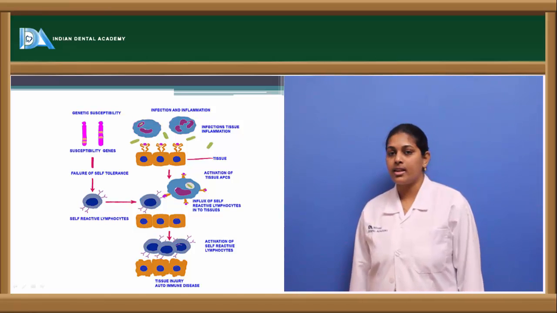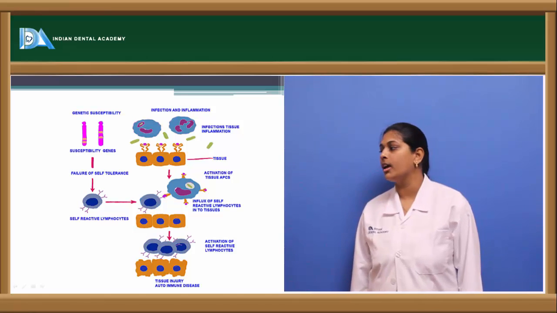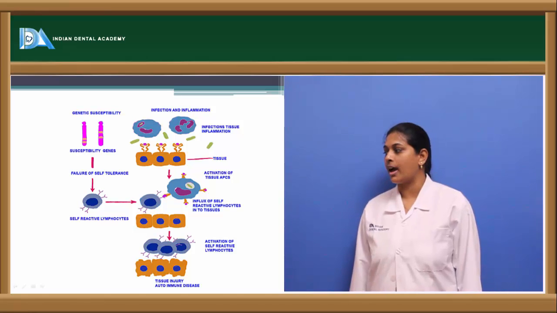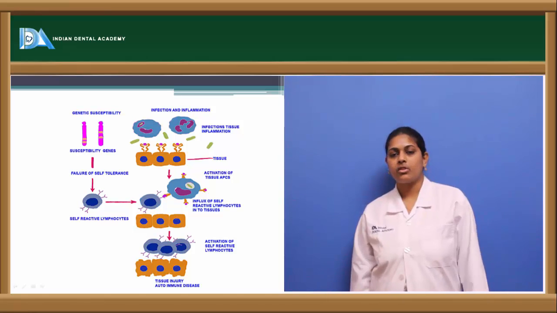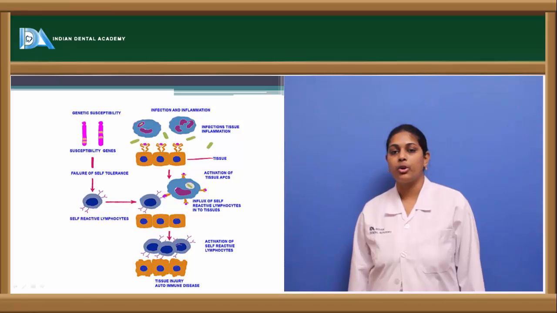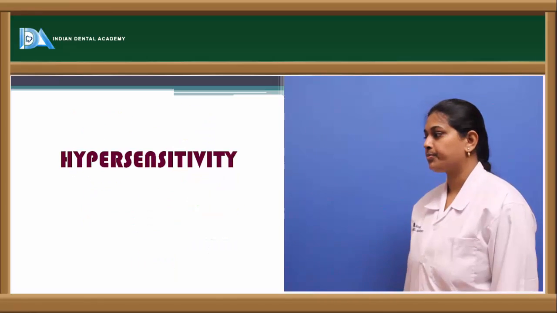They cause the influx of the self-reactive lymphocytes, which results in activation of the self-reactive lymphocytes so as to become cytotoxic to the human host immune response, and they form the basis for the autoimmune disorders. That's what happens in autoimmunity.